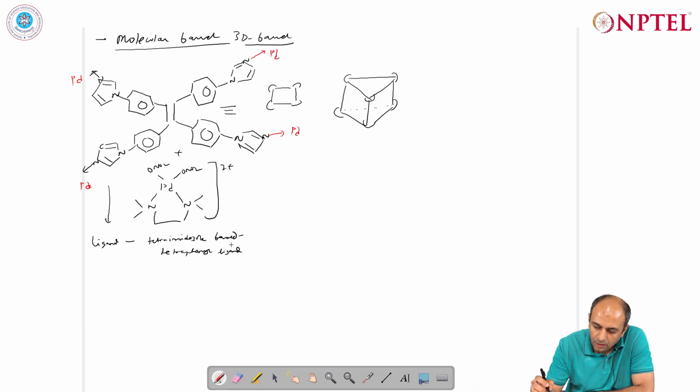ligand, and it forms these kind of 3D barrel structures, where you can see these large pi surfaces available for interacting with the reactant molecules. The reactant molecules can now enter, and we can have chemical reactions which take place in these 3D barrels.